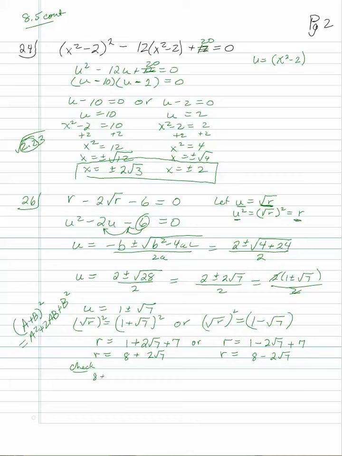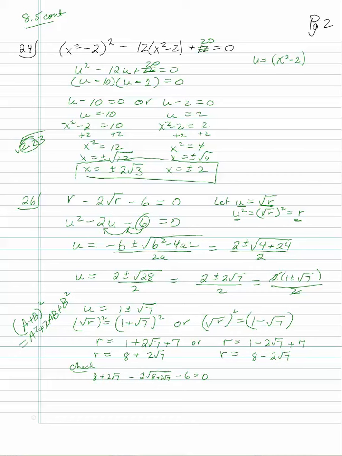So 8 plus 2 square root of 7 minus 2 square root of 8 plus 2 square root of 7 minus 6 equals 0. So I just punched that in my calculator.